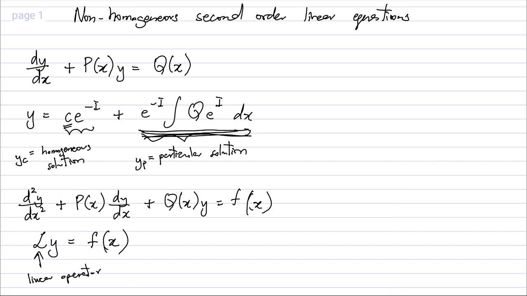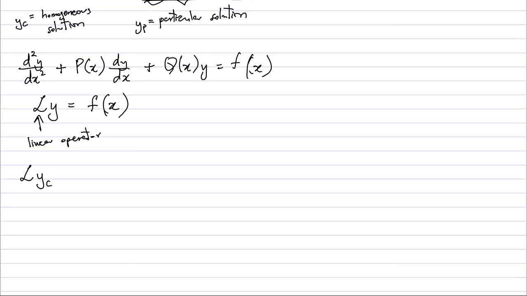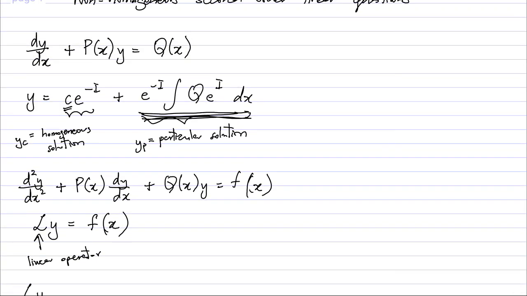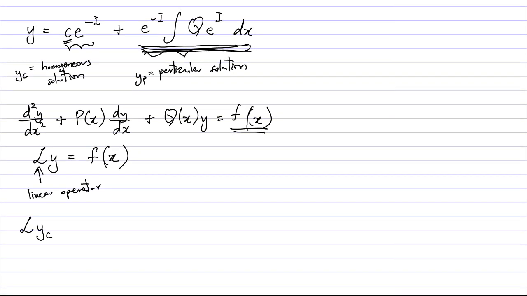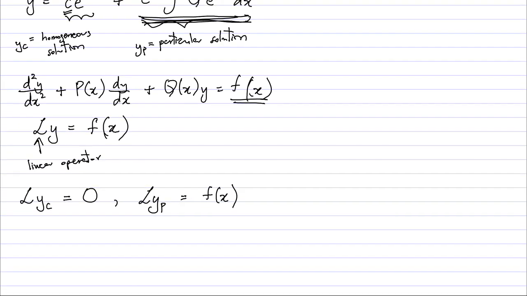By definition, I know that this linear operator L acting on yc, which, remember, is the solution of the differential equation when this thing is 0, gives me 0. And by definition the linear differential operator L on yp gives me f of x, because I said that yp is any function that satisfies this differential equation.